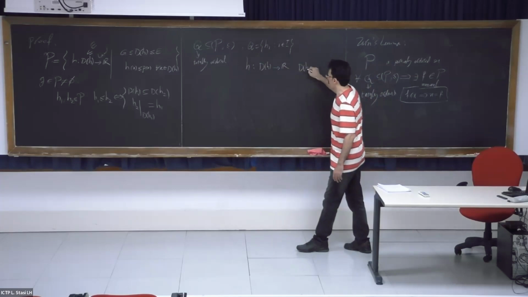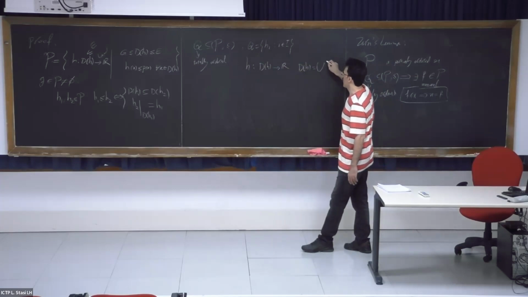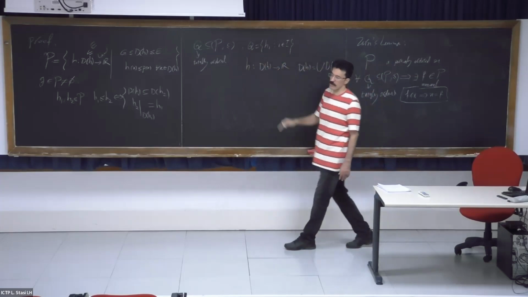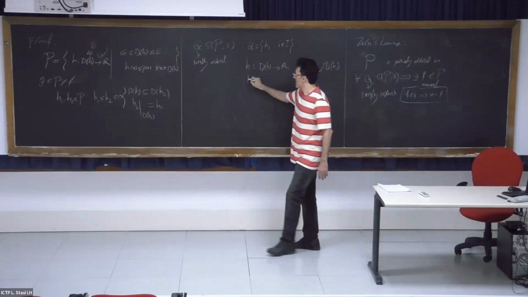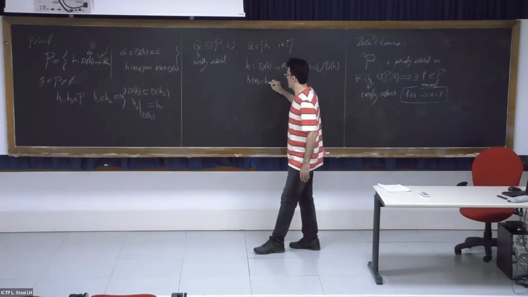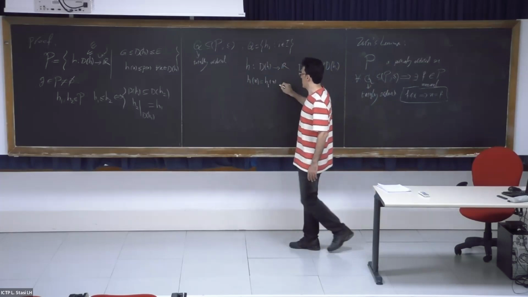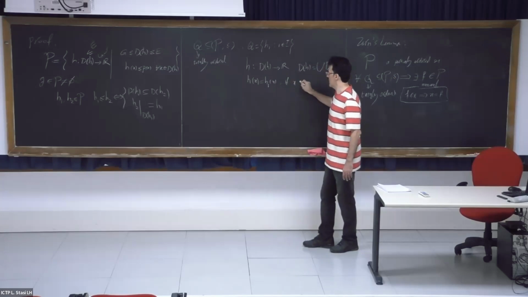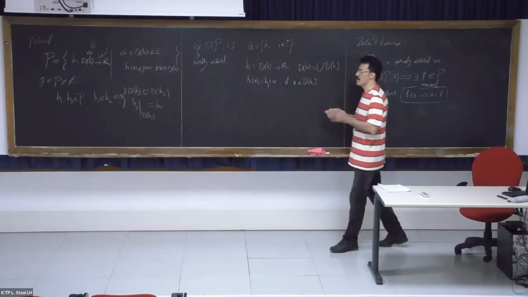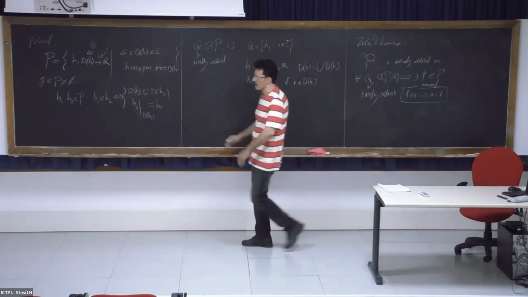D of h is the union of all of the domains of the elements in Q, and h of x is h_i of x if x is an element in the domain of h_i. Is it due to this property?